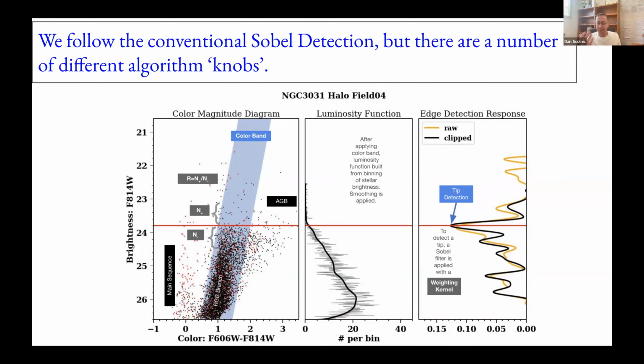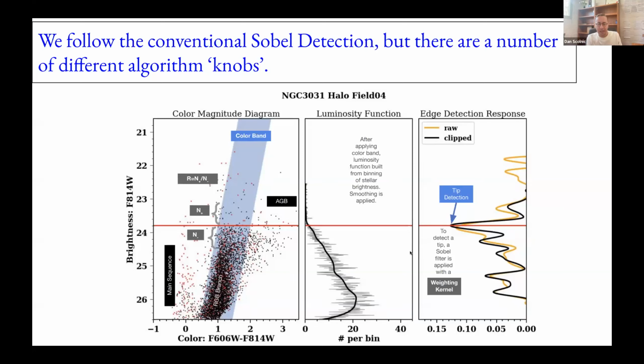So you bin this, and then you smooth your bins so you're not too sensitive to noise. And then you apply what's called a Sobel filter, which is basically figuring out where the derivative is highest, and that's what you can see on the right here. So you can say where does it change the steepest? Well, that's at the tip, and you're looking for the highest value here.